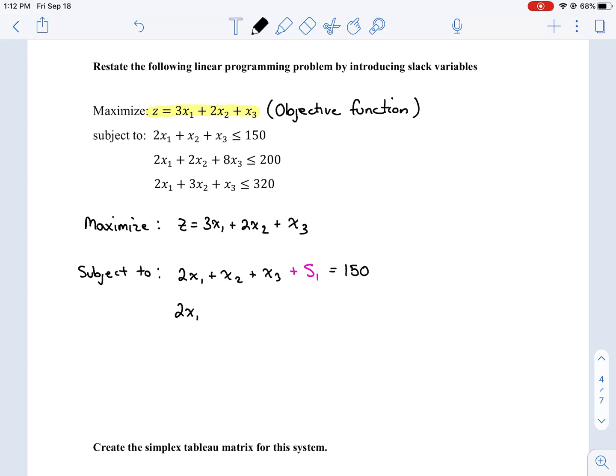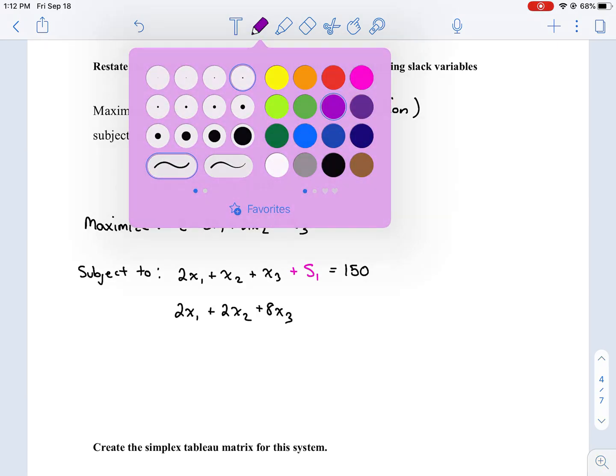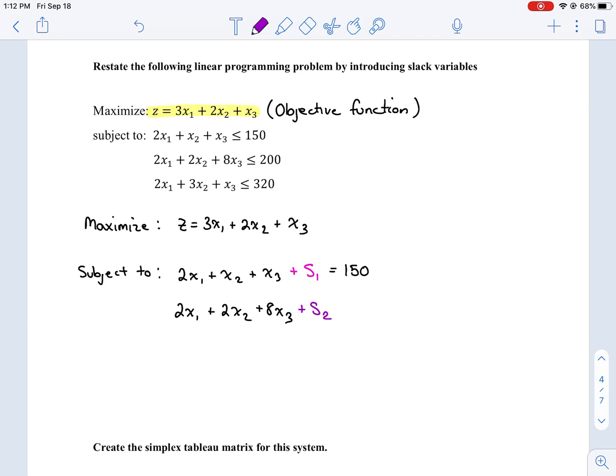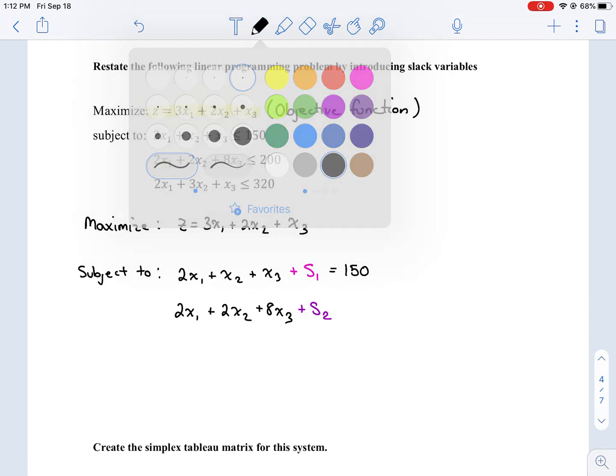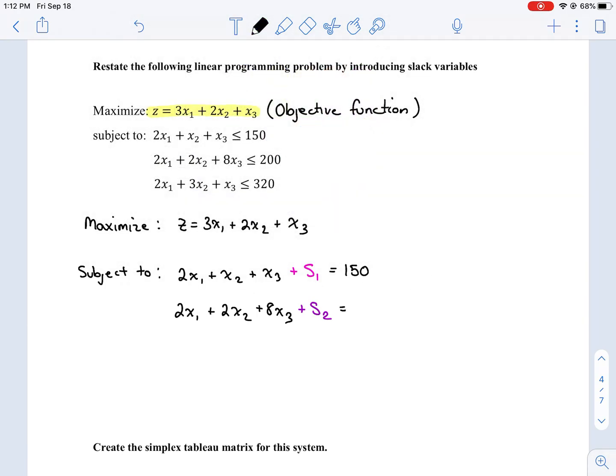And I'm going to do the same thing with the second constraint. Now I'm going to set the second constraint equal to 200 because I added the second slack variable.